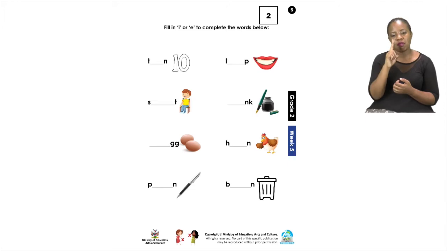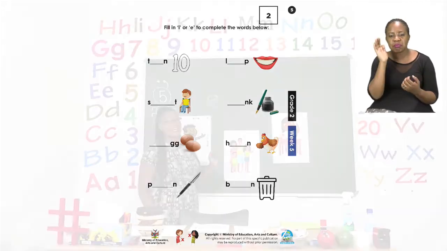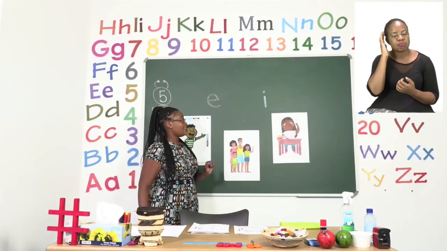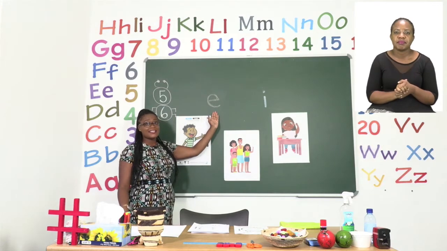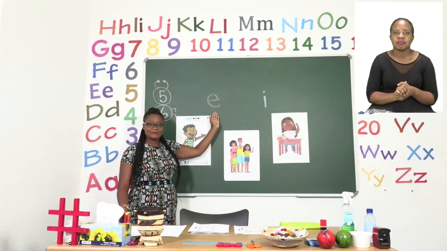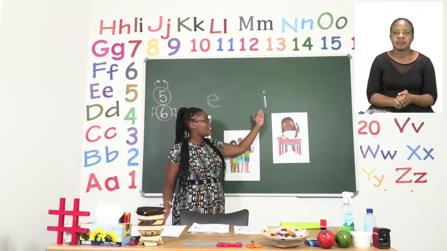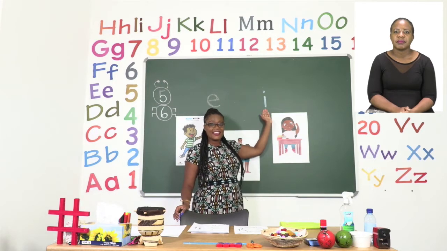I am going to show you the two different vowel sounds that we're going to use. This vowel sound is A. Let's say A. A. And this one is E. E.